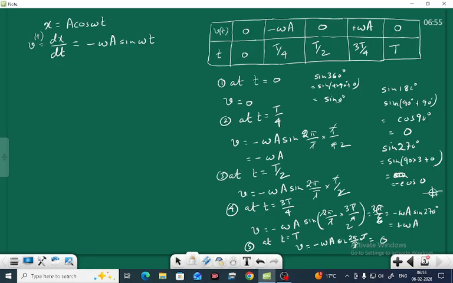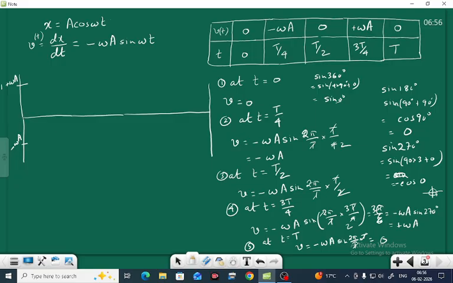So now we can very easily draw the graph of velocity versus time. So here is the graph. The highest value will be plus omega A, and the least value is minus omega A. Now we have 4 points.